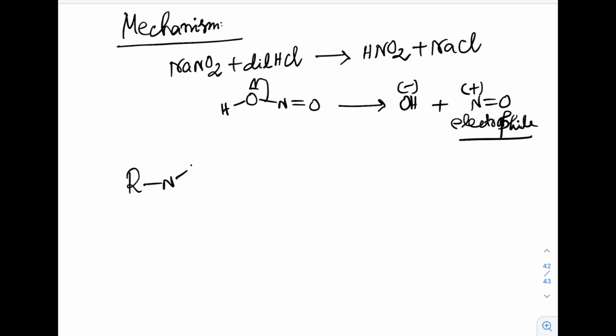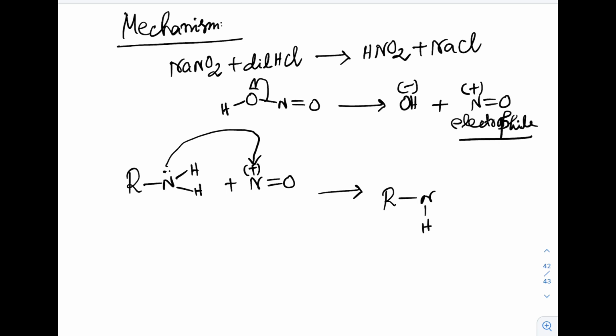This is RNH2 and this is the electrophile. At first, the lone pair of the nitrogen atom attacks the N plus, and this intermediate is generated.